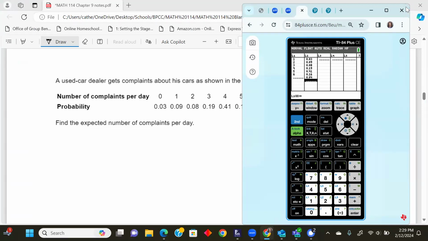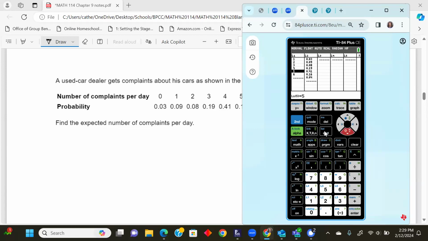Double check. So again, stat, calculate, 1-Var Stats. List is L1, frequency list is L2, our probabilities, and hit calculate. Oops. Let me see what I did. Okay, quit stat. Okay, I forgot to start at 0.